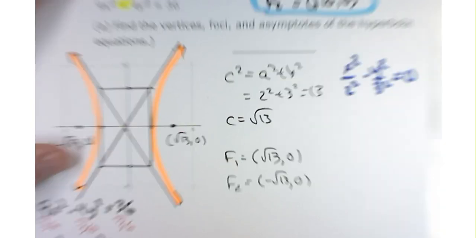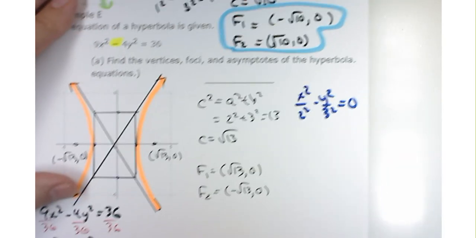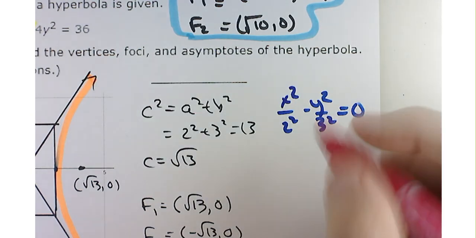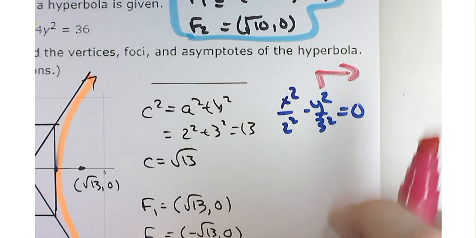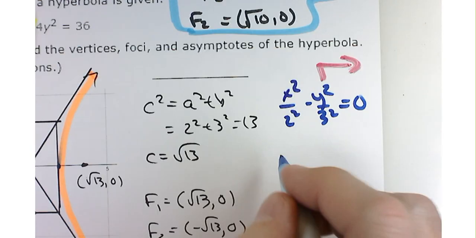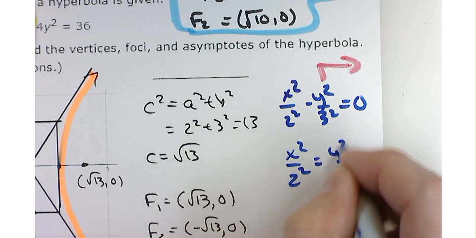In this case, because the y squared term is negative, I'd move that to the right-hand side. Can someone suggest a reason why I would move this term to the right-hand side like that? Make it positive. Yeah, it makes it positive. So I get x squared over 2 squared equals y squared over 3 squared.